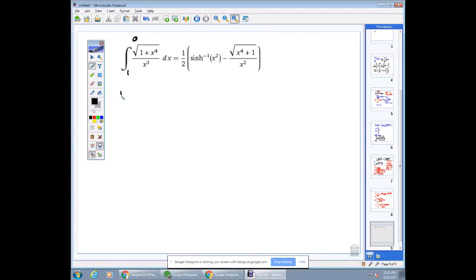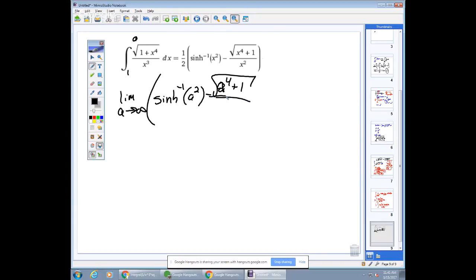So we're going to have the limit as a goes to infinity of the inverse sinh of a squared minus the square root of a to the fourth plus 1, over a squared, minus, plugging a 1 in, we have a 1/2 times all of this. We'll bring that back in later.